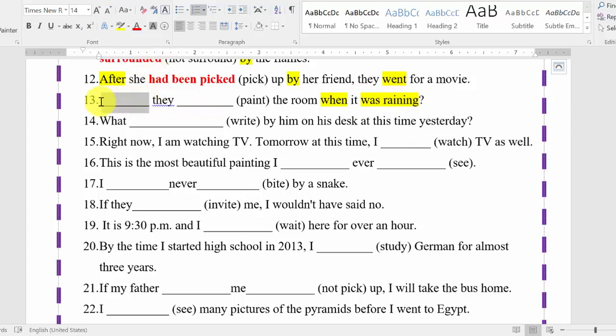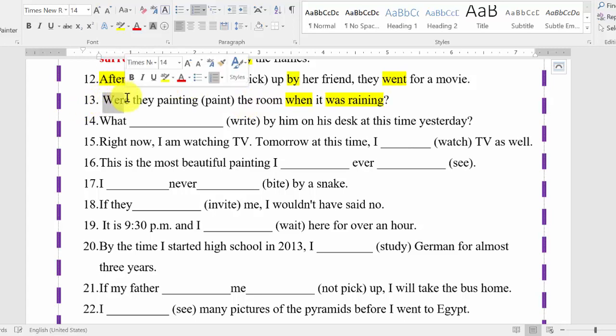Past continuous tense format: was, were, verb-ing. They can paint the room, they can do this action to the room, so it should be active. Active past continuous: was, were plus verb-ing. They is plural, so we use the plural verb were. They paint, verb-ing, painting. What were they painting?